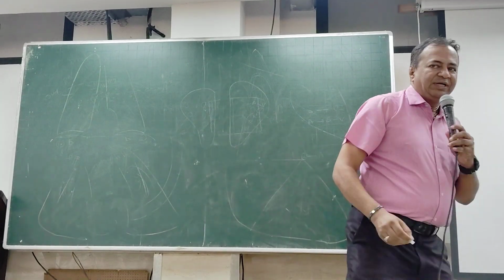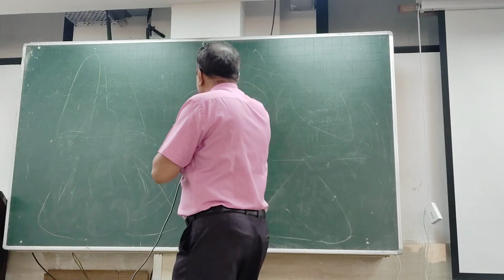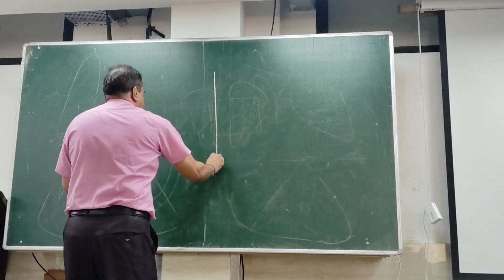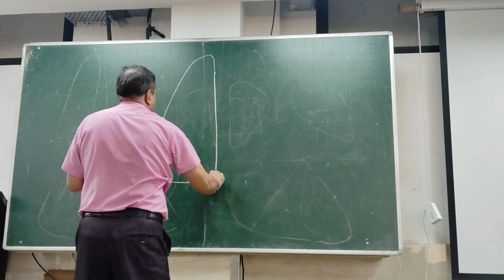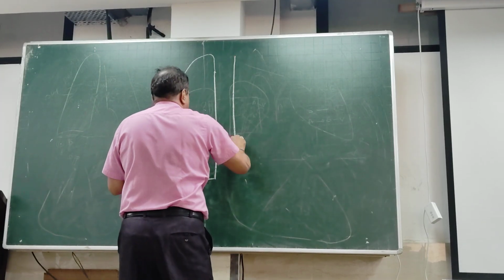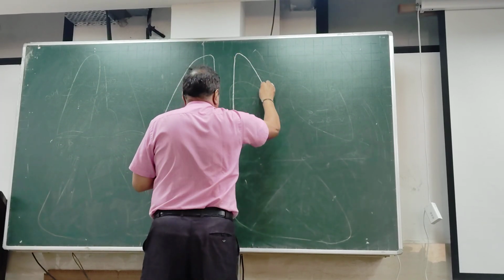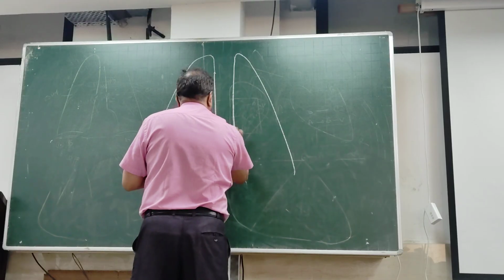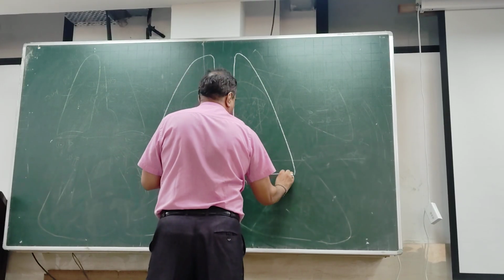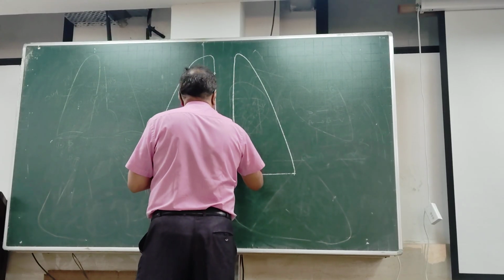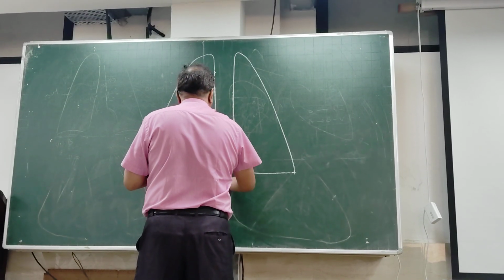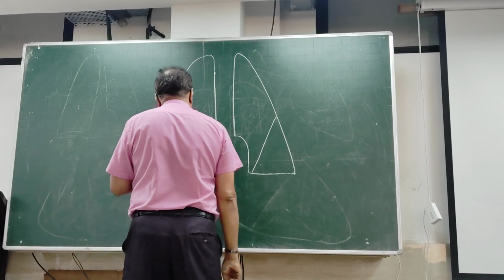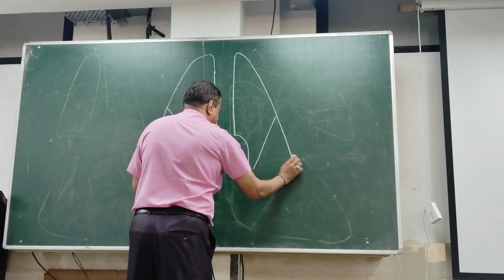Now one thing about the lung, there is one fissure called the oblique fissure, which is there on both the lungs.